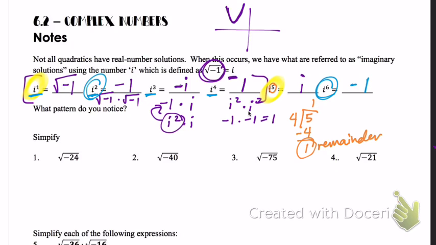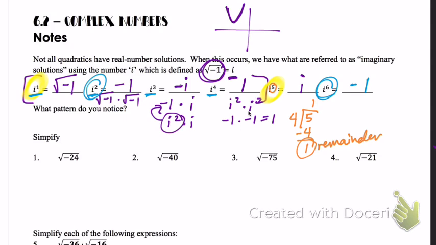And so whatever my remainder is matches which of the 4 properties of i it goes with. So if my remainder is 1, then my answer is i. If my remainder is 2, then my answer is -1. If my remainder is 3, my answer is -i. And we're going to do a few practice ones just to kind of solidify that.